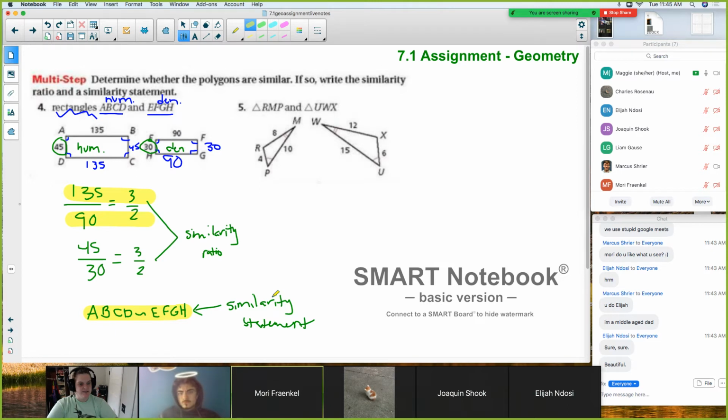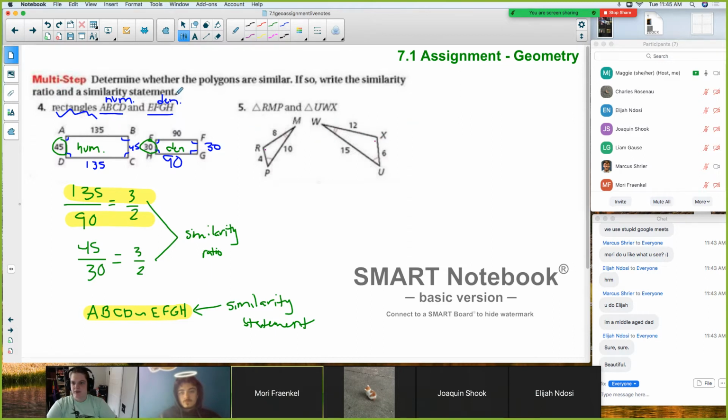All right. So next one, we've got triangle RMP and triangle UWX. So not much when it comes to the definition of a triangle here, other than 3 sides. So angle R and angle X are going to match up.